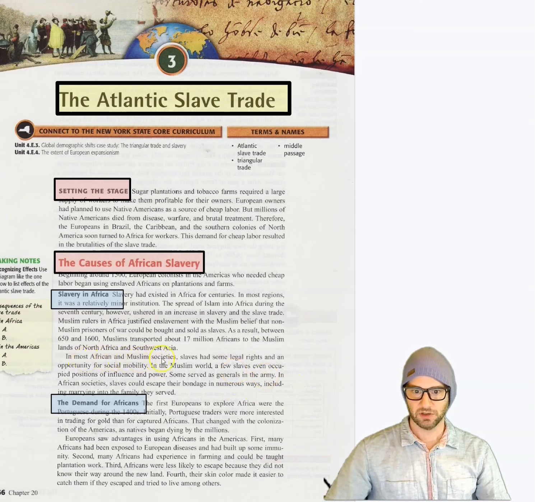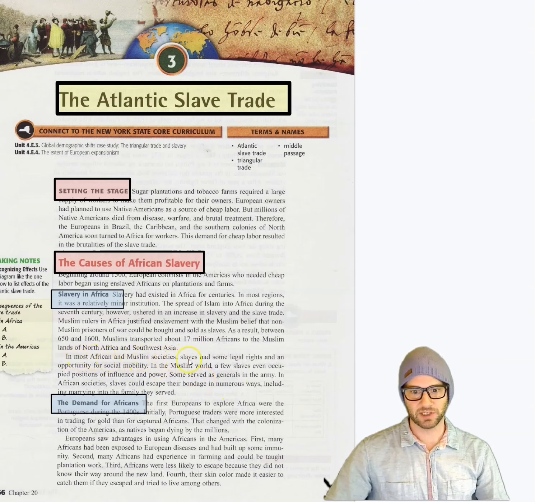In most African and Muslim societies, slaves had some legal rights and opportunity for social mobility, okay? But let us all remember that for whatever positive they put here, slavery is really bad and really life-altering and really, really bad. I want you to just take this paragraph and change it around.